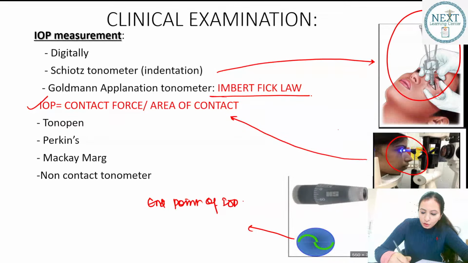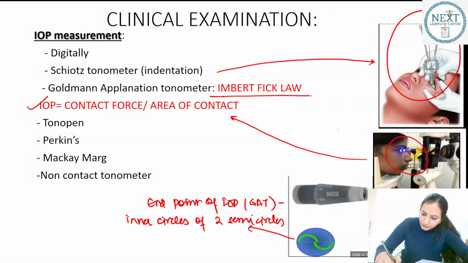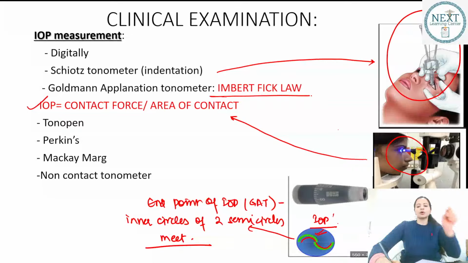In the case of the Goldmann applanation tonometer, it is the point at which the inner edges of the two semicircles meet. This is the point at which the marking corresponding to it tells the intraocular pressure.